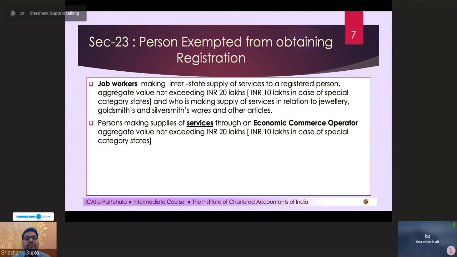A representation was made by these small service providers that we are providing very small services and our annual receipts hardly cross 10 lakh and 20 lakh, and you are asking us to obtain compulsory registration, which means we will have to file all returns and pay the tax. This is not fair and please grant us relief. The government heard them and hence they have now been exempted up to the basic threshold limit.